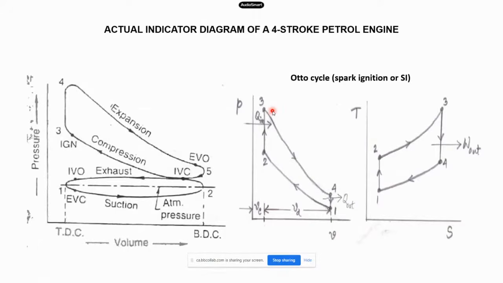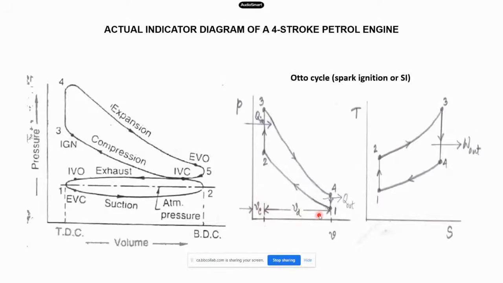This is important, ladies and gentlemen. I'm saying that the compression ratio of this gas is V1 over V2, and the expansion ratio is going to be V4 over V3, because V1 is equal to V4 and V2 is equal to V3. Now again, you can see here there is a clearance volume. You can see this volume here is not touched by the cylinder.